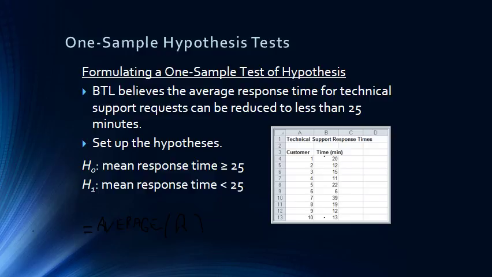We would have the mean, and we will say whether the mean is greater than or equal to 25 or less than 25. We will now test that using our t-distribution, our t-test.